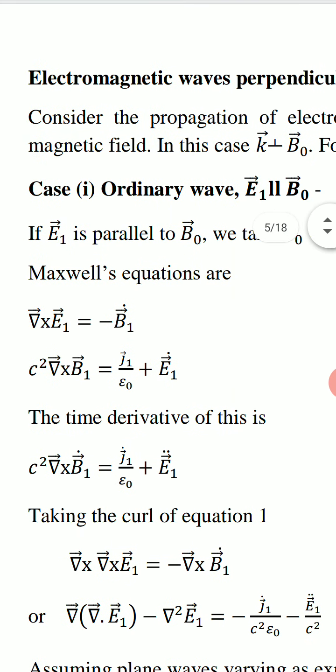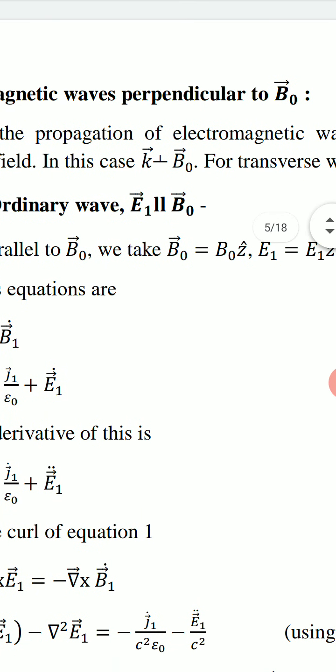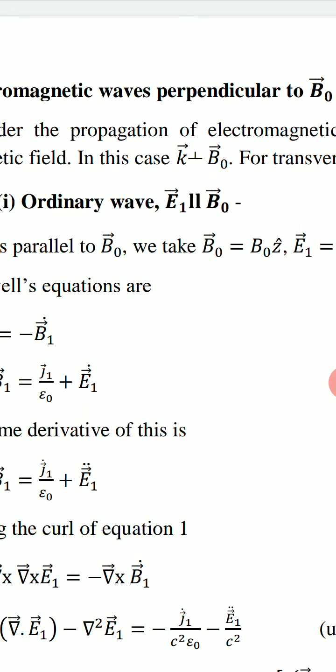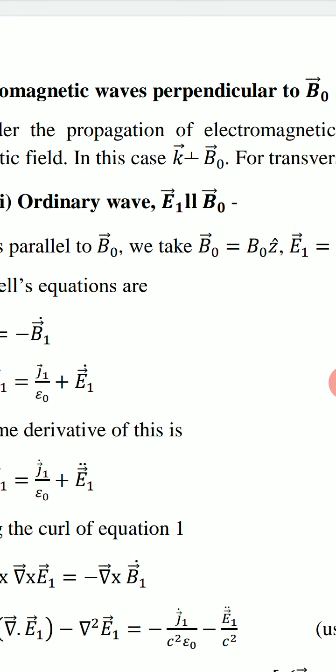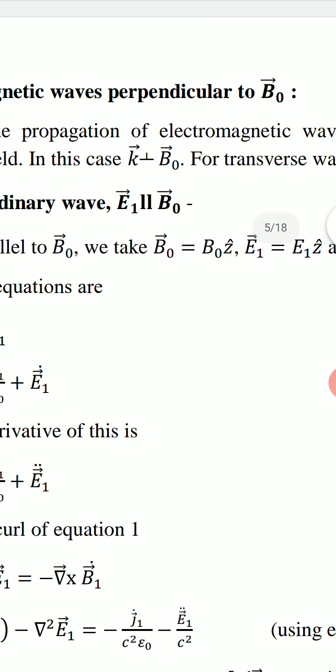So, when we consider the case of electromagnetic waves perpendicular to B0 vector, it means that propagation of this electromagnetic wave is perpendicular to B0 vector, that is K vector is perpendicular to B0 vector.